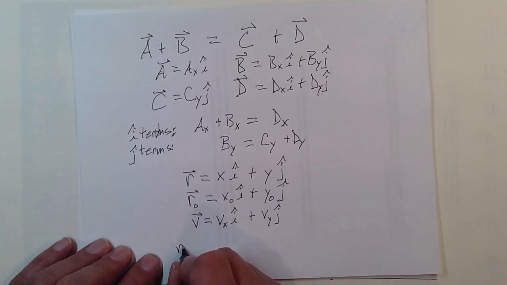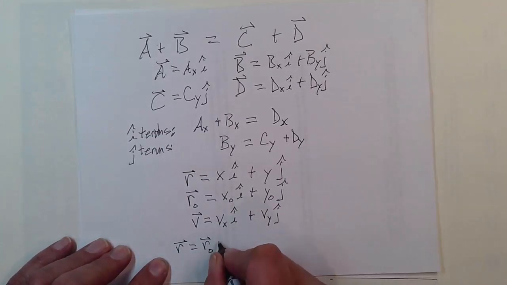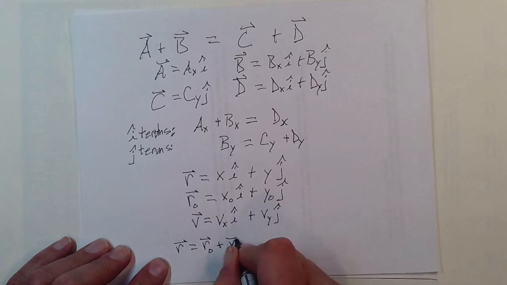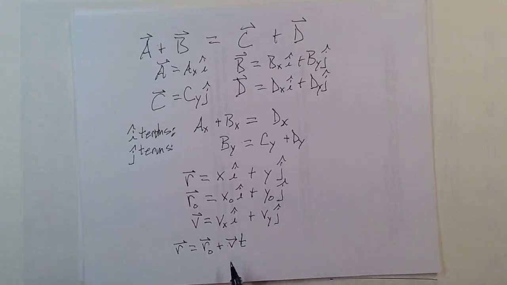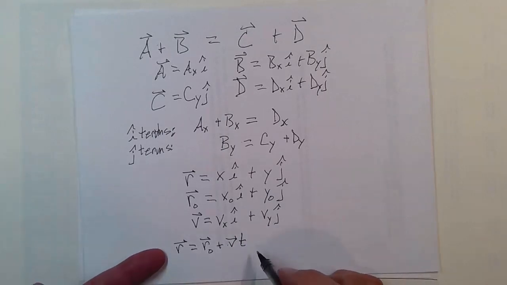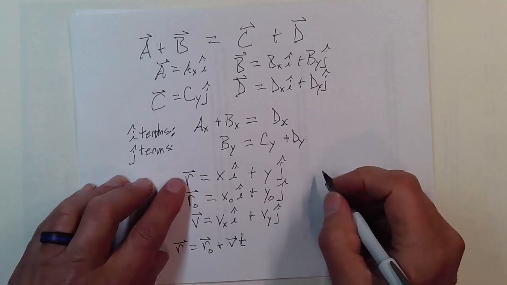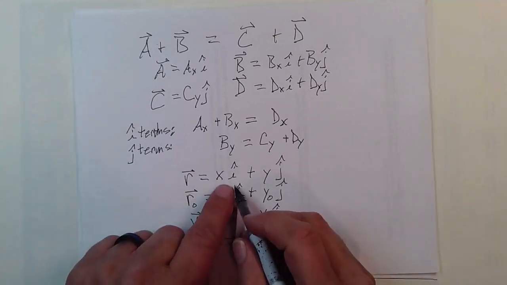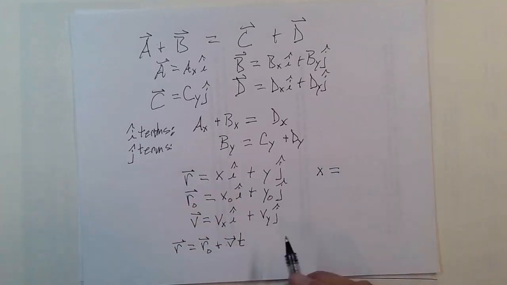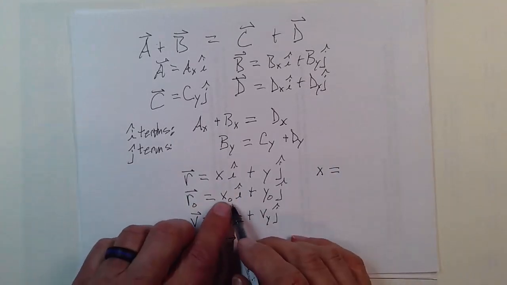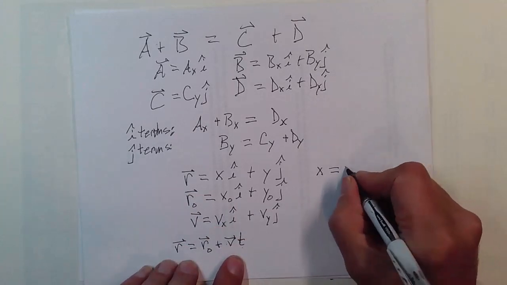We can say r is equal to r naught plus v as a vector times t. Look at the equation that we get out of this. If we consider the i hat terms from this, on the left side, I'll have x. That's it. On the right side, I'll have x naught plus v sub x times t.